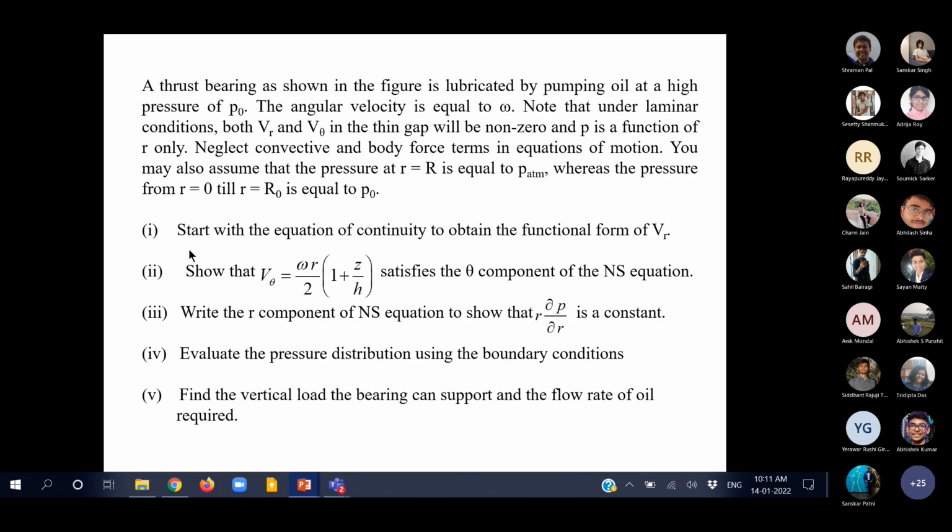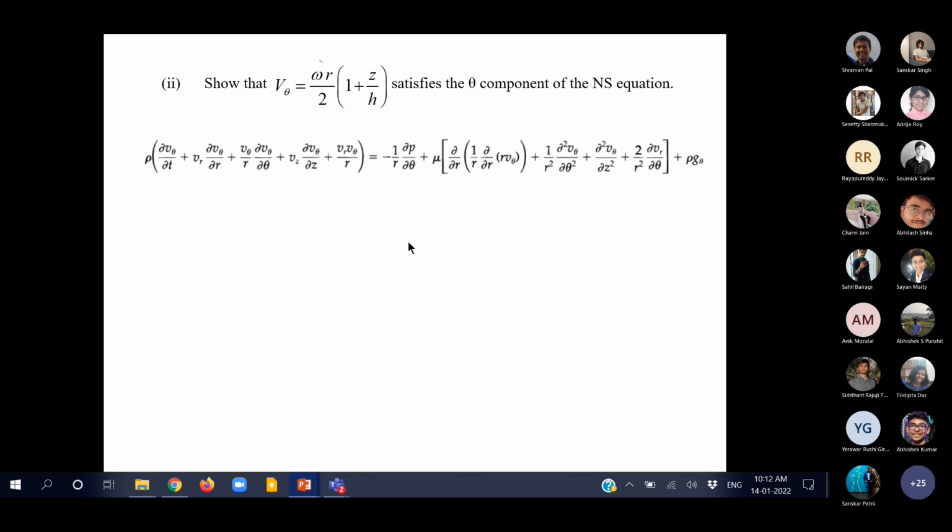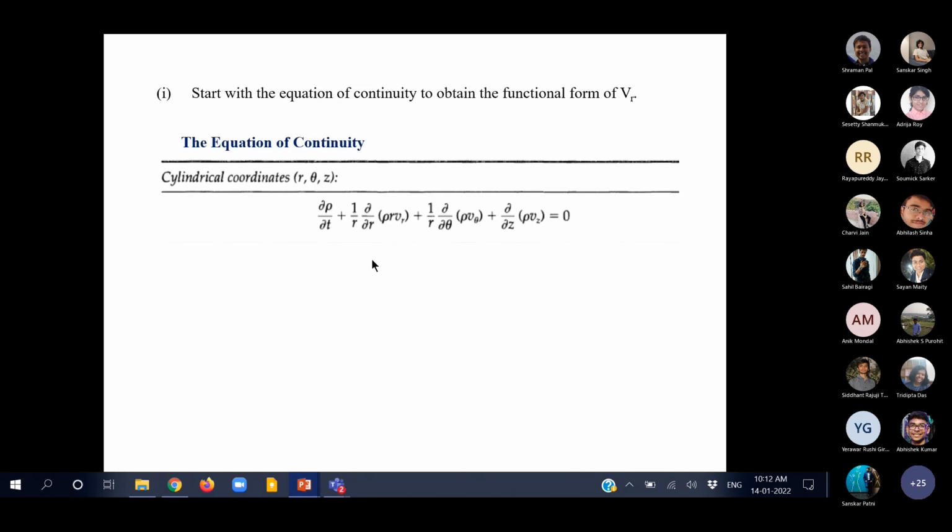So the first part of the problem is to start with the equation of continuity to obtain the functional form of Vr. So this is your equation of continuity in cylindrical coordinate systems. This first term is going to be 0, since we do not have any transient.